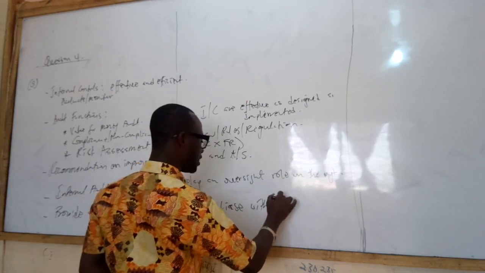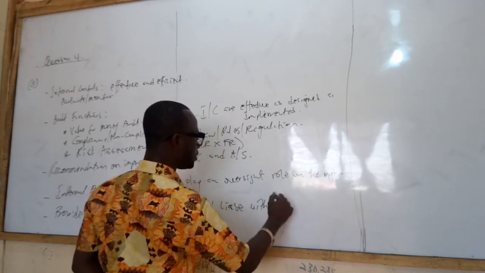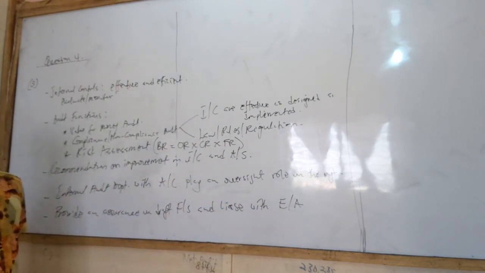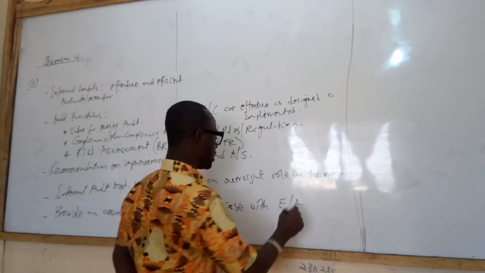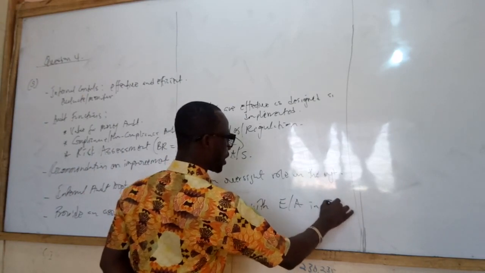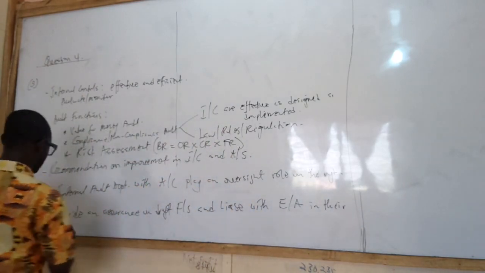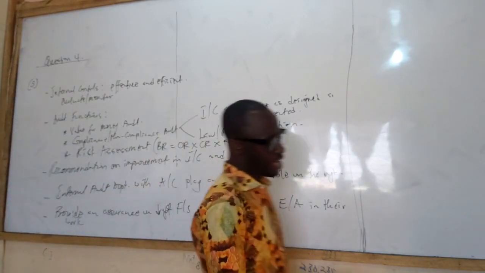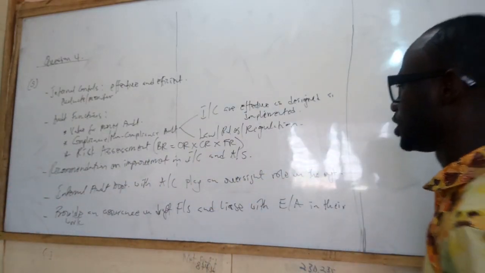Liaise with external auditors. Liaise with the external auditor in their work. So EA here is external auditors.